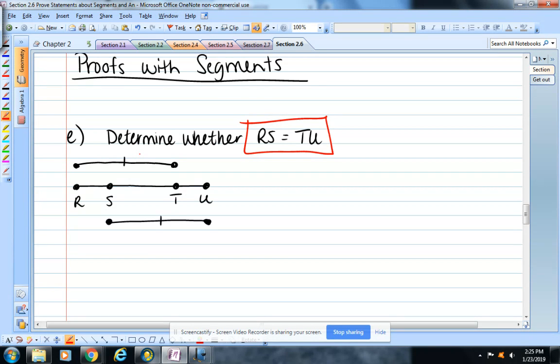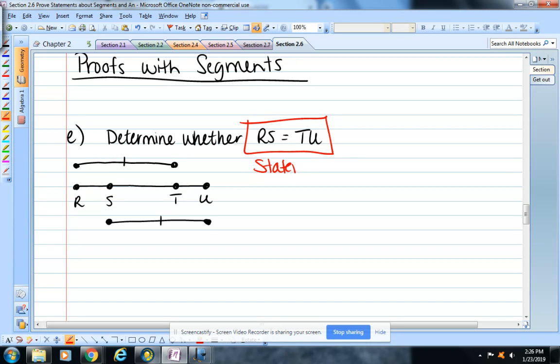TU. Nope, that's what I'm trying to prove. What's given to me? Noah. Well, you can even shorten it to RT and SU. Right? What do these little symbols mean? Yep, little tick marks mean congruent. Okay?